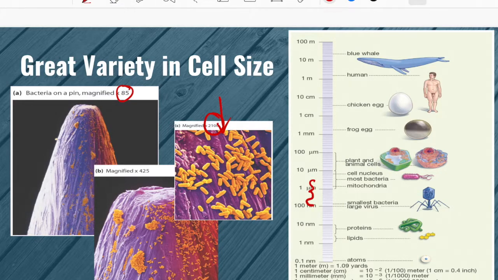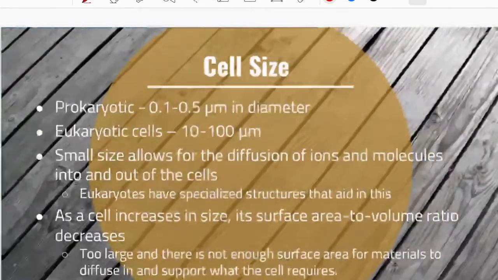So they're very small. Then when you move up, you start to see your plant and animal cells right here. And then you have your eggs, and then us, and then the blue whale.